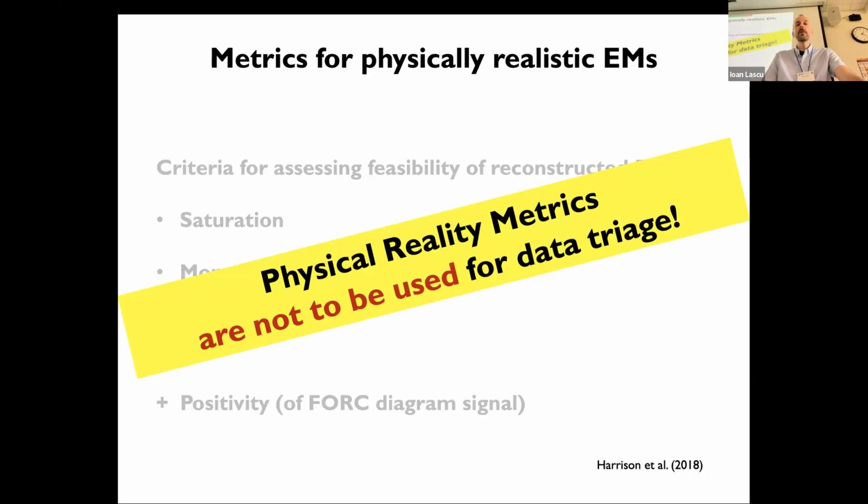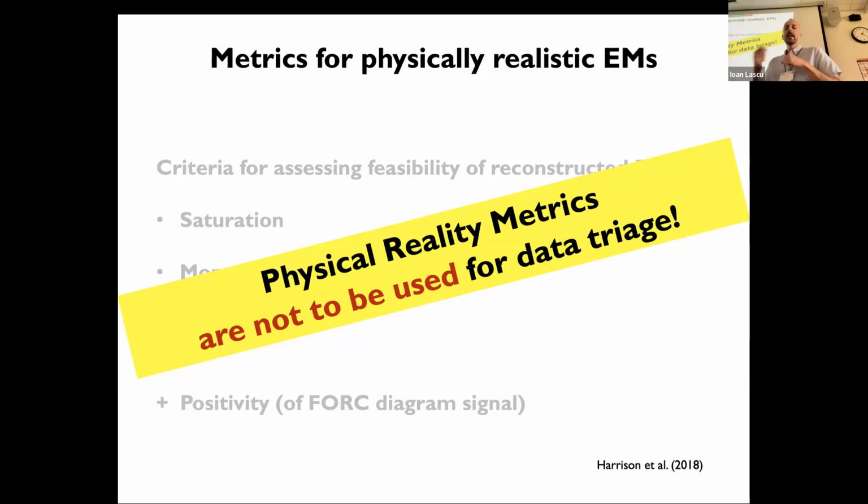One thing that I really want to stress right here is that these physical reality metrics should not be used to triage your data. I've seen this where people take their fork data set, and instead of carefully combing through each fork and making sure that it's well processed and there's not garbage looking forks entering the analysis, all the data is dumped into the PCA.